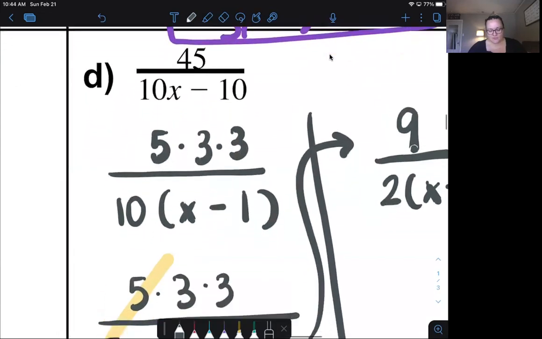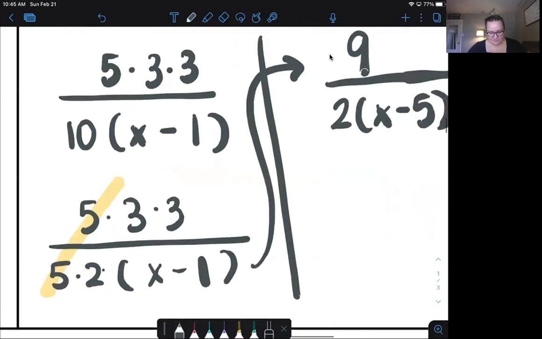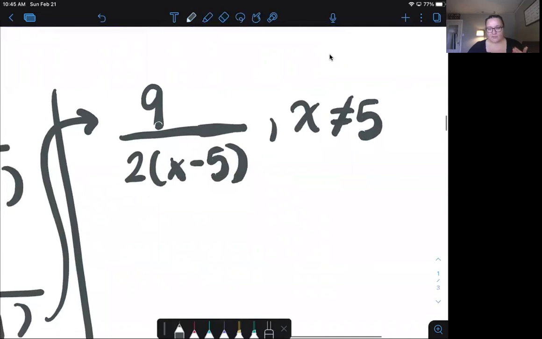So then I broke 10 down to 5 times 2, and then this should be x minus 1. I'm glad I fixed that. Good catch, McGuire. So 5 divided by 5 cancels. I'm left with 3 times 3 over 2 times x minus 1, so 9 over 2 times x minus 1.